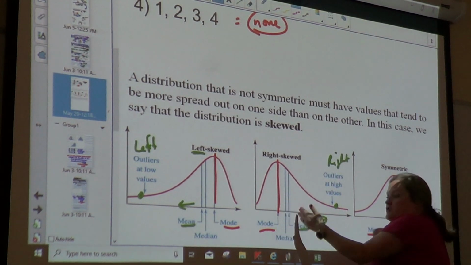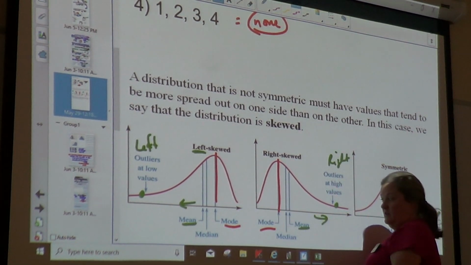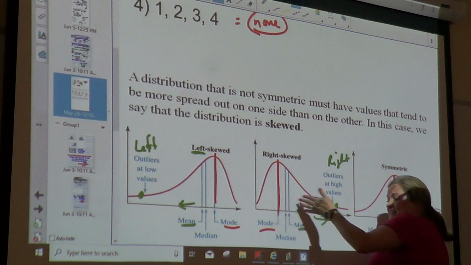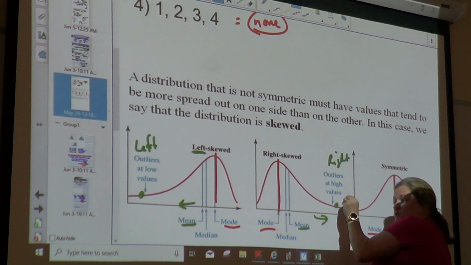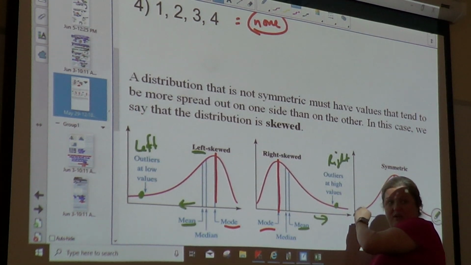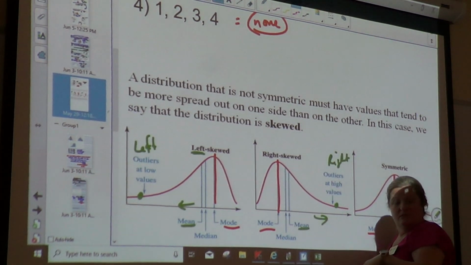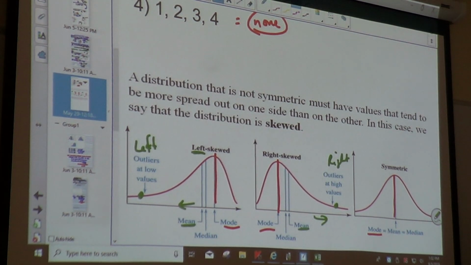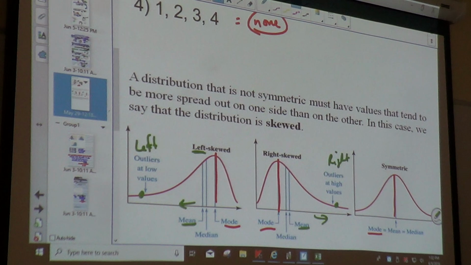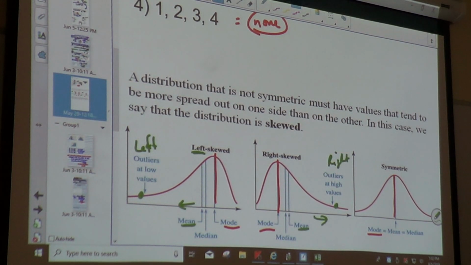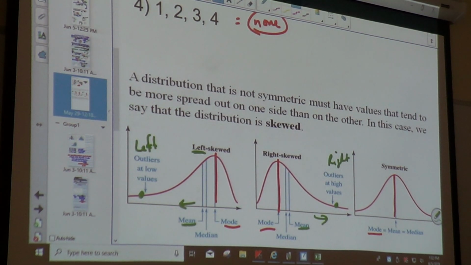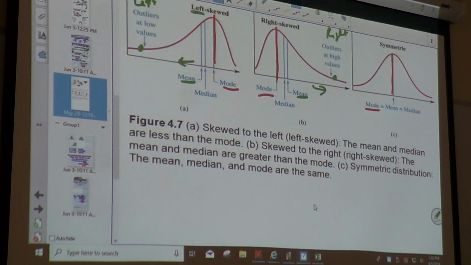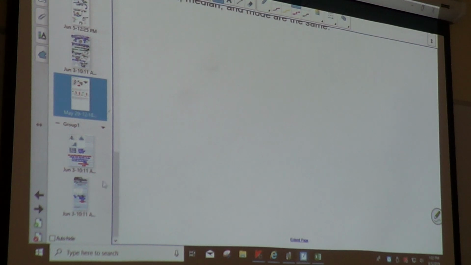Now, the median scoots over just a little bit, but the mean, the average, is going to go to wherever your outlier is, to wherever the skewness is. Mode's always going to be in the middle, but the mean is going to go to wherever your skewness is. That one outlier is going to ruin the whole average, ruin that curve, ruin that grade. All right.